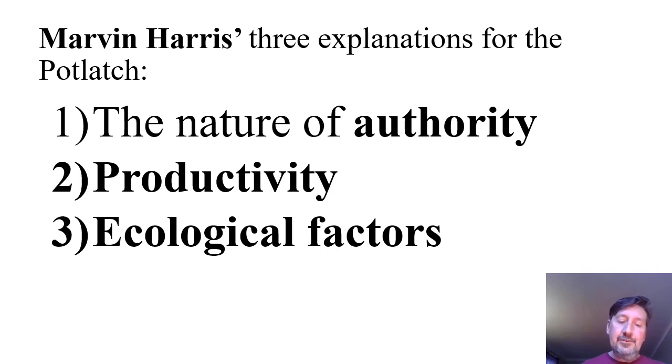The third explanation Harris gives is ecological. Potlatch and similar systems equalize annual or seasonal differences in productivity between different areas, different environments, or different microclimates.